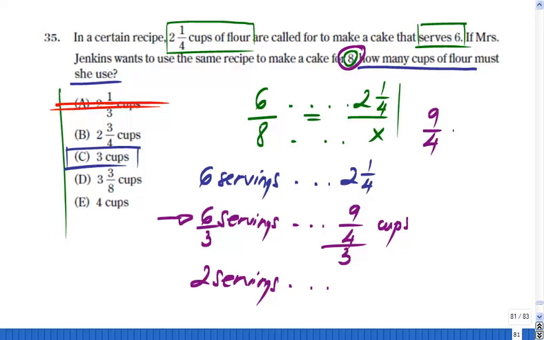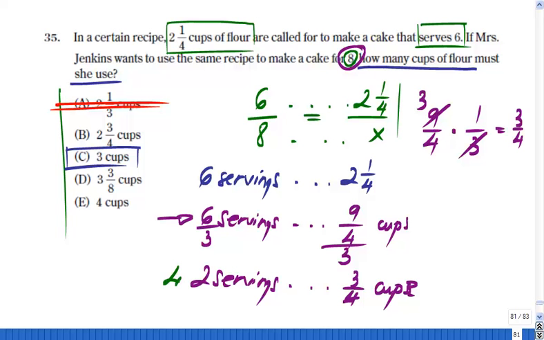You know 9/4 divided by 3 is 9/4 multiplied by 1 over 3. But 3 goes into 9 three times, and you basically have 3/4. So for 2 servings, I need 3/4 of a cup.